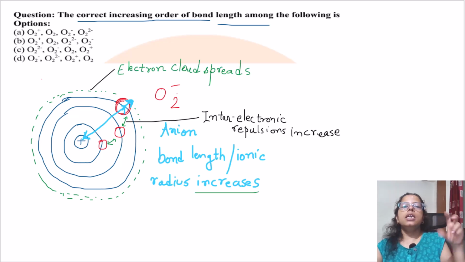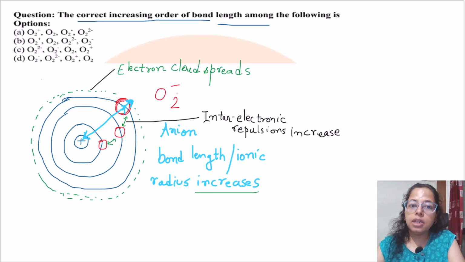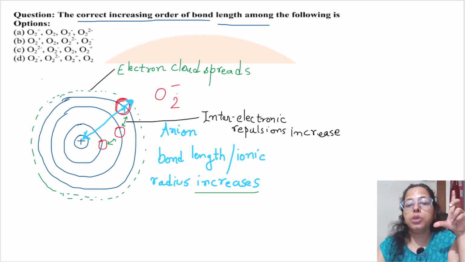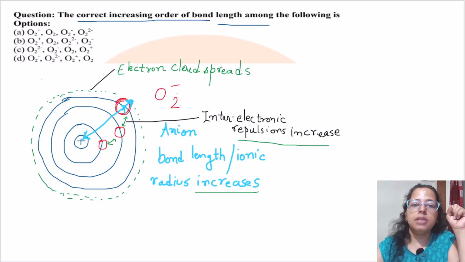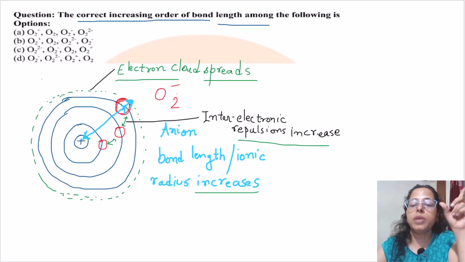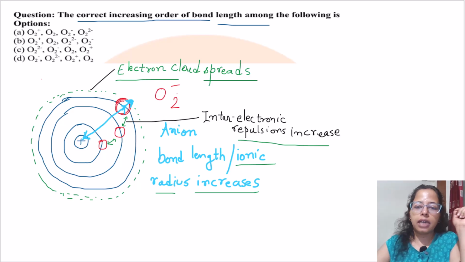So what happens in case of an anion? We have additional electrons, and these electrons cause inter-electronic repulsions, and because of these repulsions, the electron cloud spreads, and this leads to an increase in the bond length, or specifically the ionic radius. Because it's an ion, we call it ionic radius.